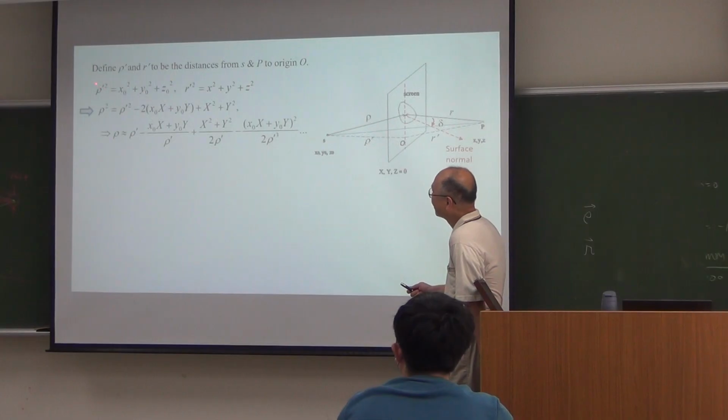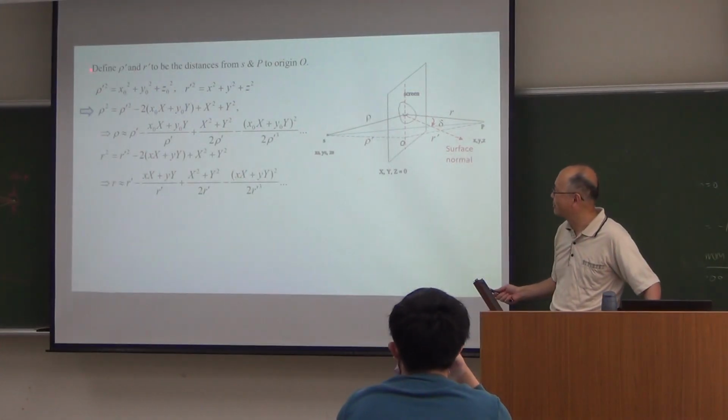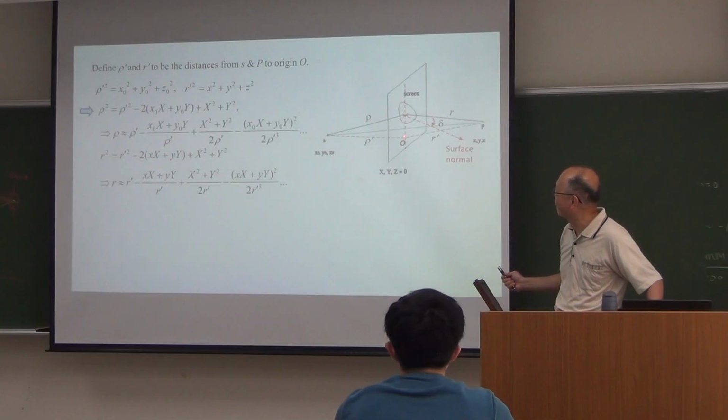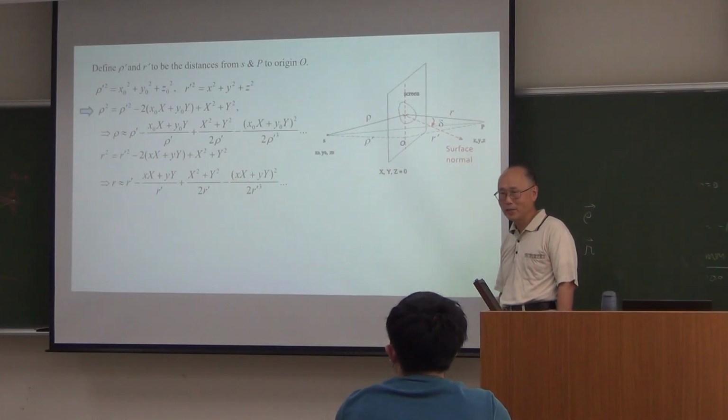We just have rho and rho prime, right? Let's relate them through the Taylor expansion. You see the linear term, quadratic term, and then with the Taylor expansion you have even higher order terms. Do the same thing for R relative to the origin. Then you have linear terms, quadratic terms. You start to see this.